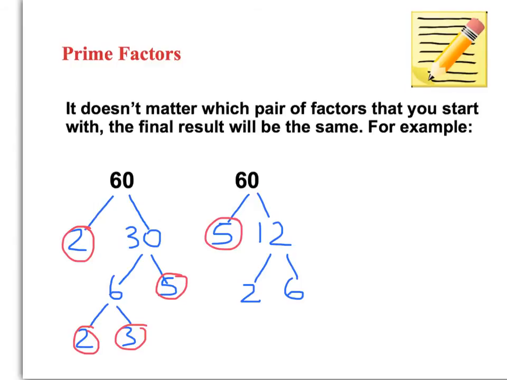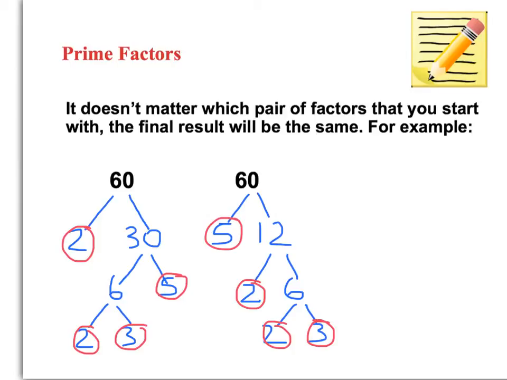And again, it doesn't matter which way you do it here. And then 2 times 3 is 6. Okay, so let's have a look. We've got 2 2s, a 3, and a 5. Exactly the same.